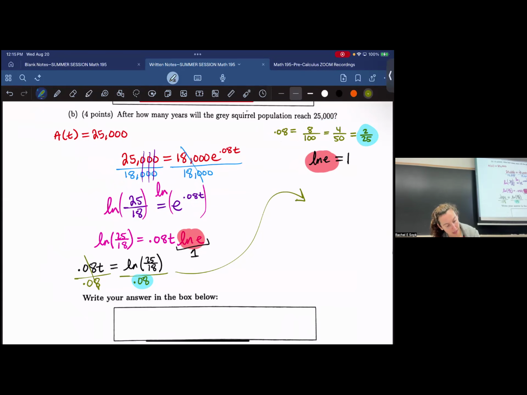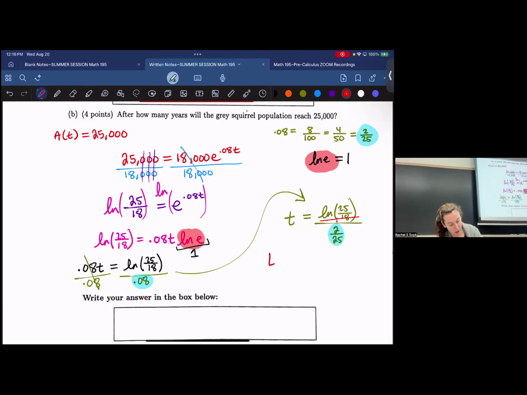So we're looking at t to be equal to ln of 25/18, all divided by 2/25. Our very last step is we can keep change flip. Ln of 25/18 as a fraction is just that over 1.